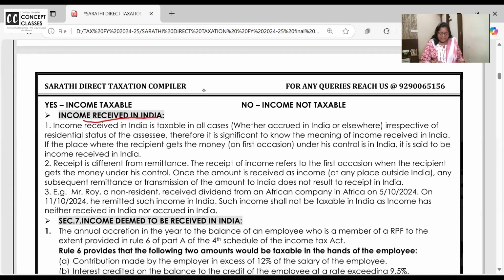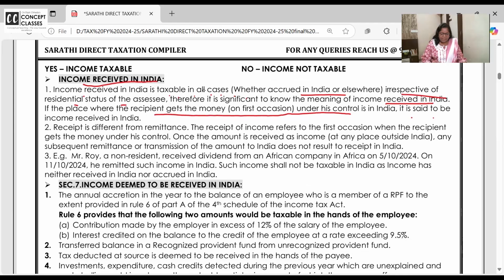What is income received in India? Income received in India is taxable in all the cases, whether it is accrued in India or elsewhere. A doctor was working in London, getting salary in London, but directly received in India. Irrespective of the residential status, it is received in India. If the first occasion of receiving income is in India.